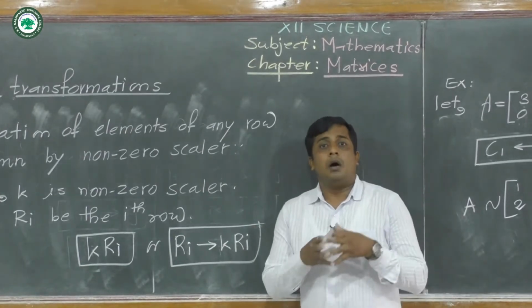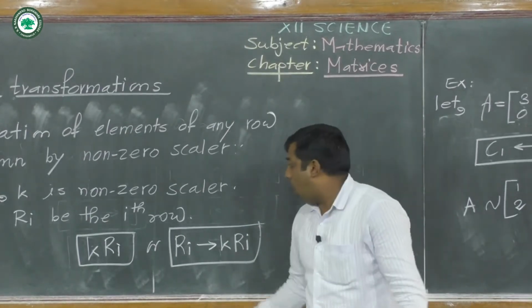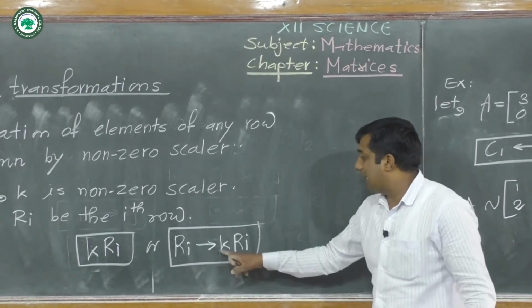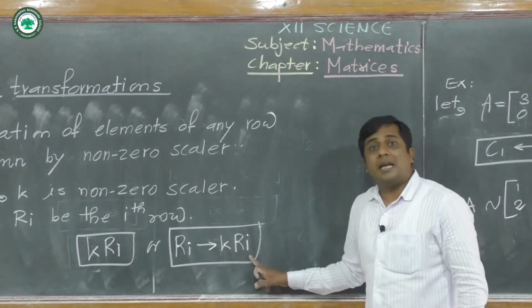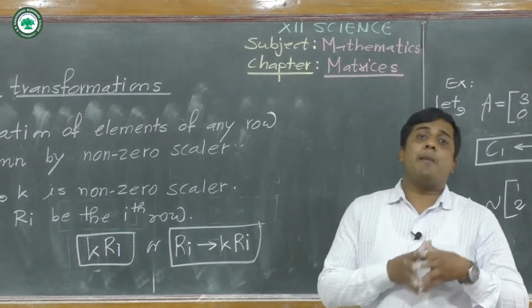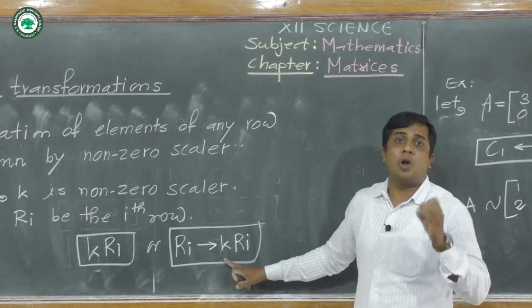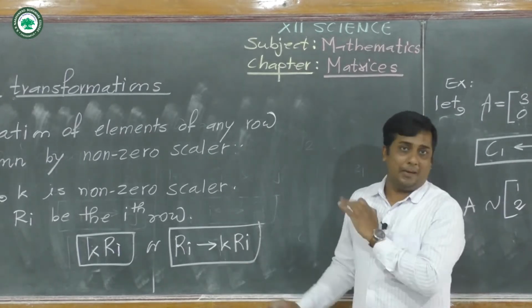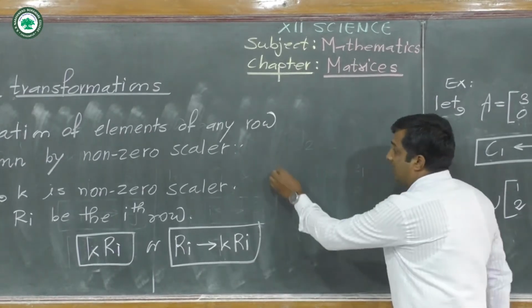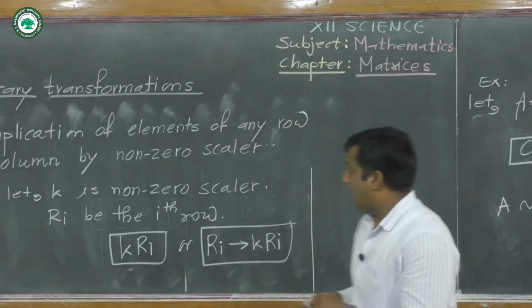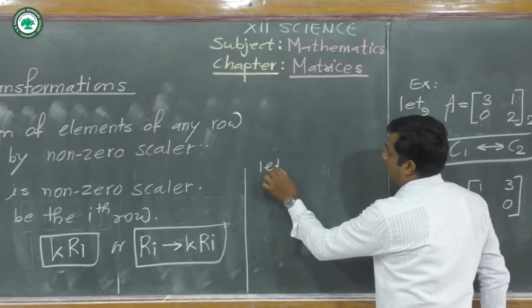Here we perform the operation on ith row, and operation is here K Ri, that is we multiply each element of the ith row by using the constant or non-zero scalar K.